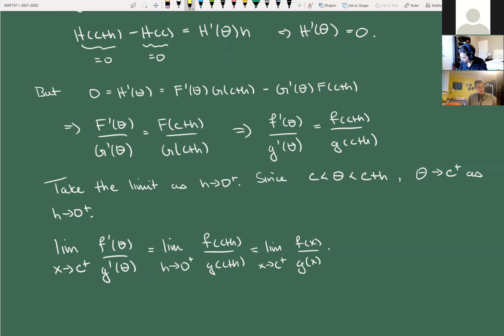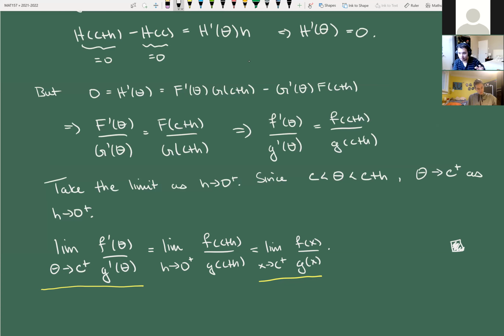And if we strip out that middle bit, that's exactly L'Hopital's rule. Of course, it doesn't matter that you don't use x's on both sides of the equation. That is just a dummy variable there, right? So we have that the limit as we approach C from the right of F divided by G is the limit as we approach C from the right of F prime over G prime. And again, x and theta there are actually different, right?